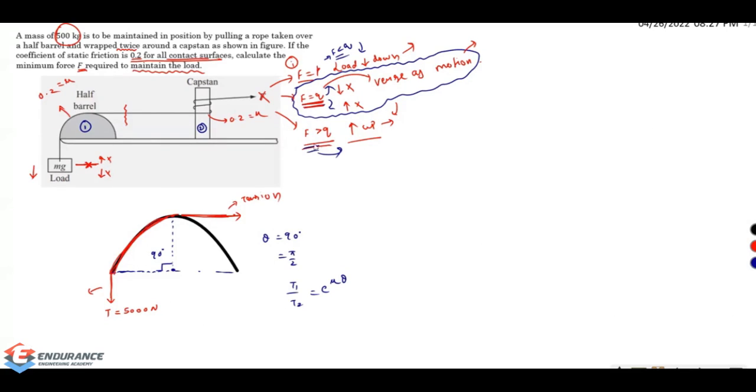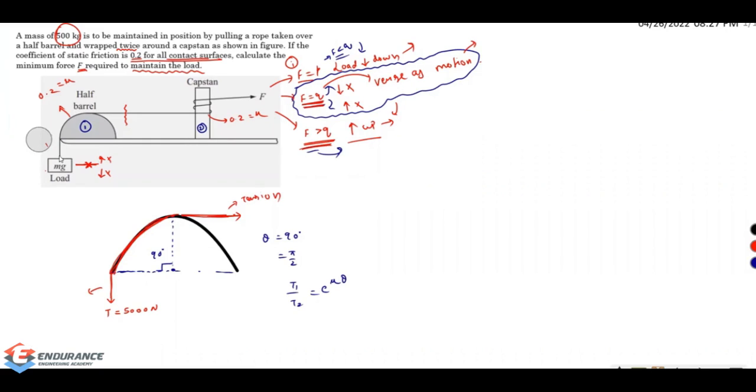But if I increase the force a little more than Q, suppose it is 100 Newton and I increase it to 101 Newton, then this load will move up. Or else if it is 100 Newton and I decrease it to 99, it will start moving down.